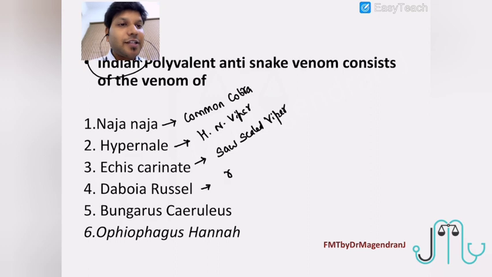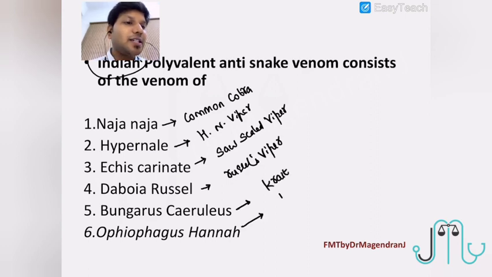Daboia russelii, it is your Russell's viper. Bungarus caeruleus, it is our common krait. And Ophiophagus, that is our king cobra. Okay, so these are the common snakes. Now we can easily find out in which snakes the Indian polyvalent anti-snake venom will be effective.